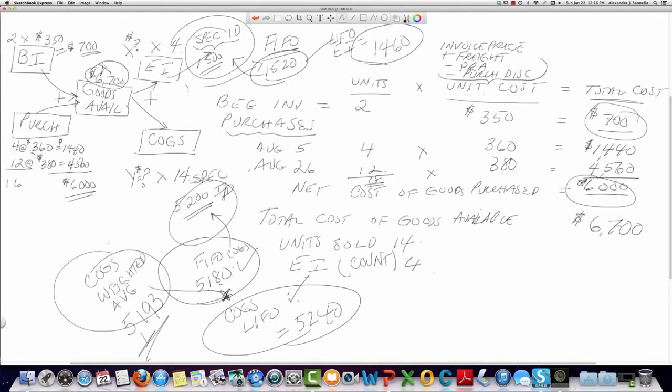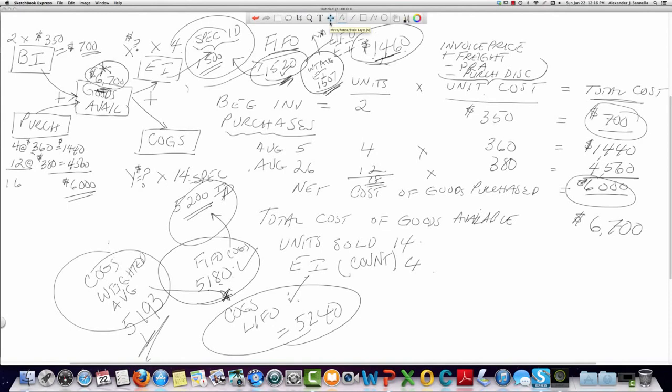Remember, we're always allocating the constant $6,700. And the ending inventory will also fall between the two extremes at $15.07, where FIFO is the current cost, giving you the higher ending inventory value. LIFO is the oldest cost, giving you 1460. Weighted average falls in between the two logically because it is going to be the mid ground or the average of the two.